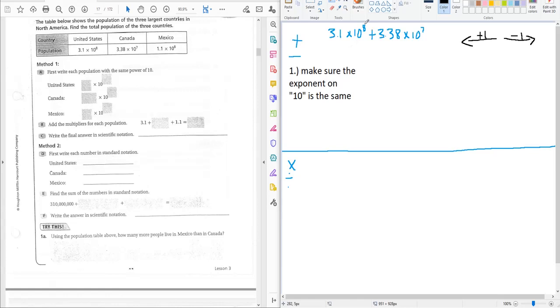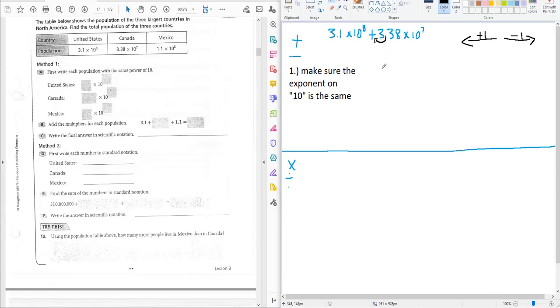It's your choice. You can either turn this into a 7 or you can turn this into an 8. It really doesn't matter in the grand scheme of things. Personally, I like to make numbers bigger as opposed to smaller. The decimal was originally here, and because I want to make this an 8, I want to +1 to it, so I have to move left 1.